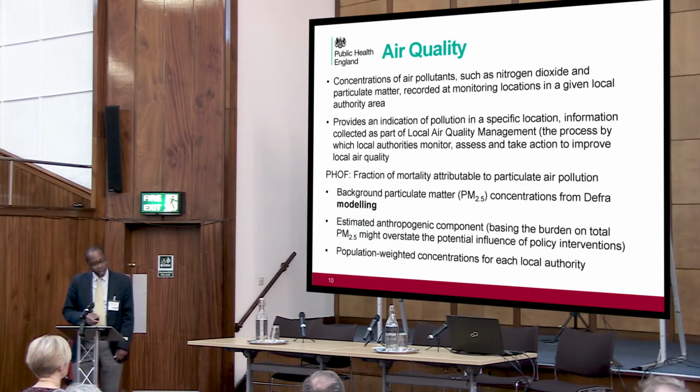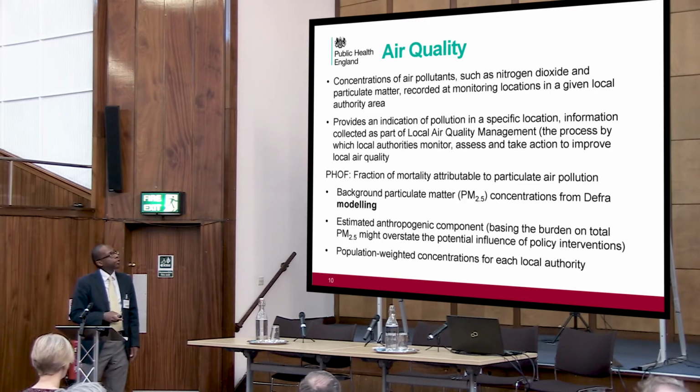So, in terms of air quality, we have concentrations that are measured in terms of nitrogen dioxide and particulate matter, and we make extensive use of DEFRA's automated and urban rural networks, as well as local authority air quality monitoring networks.